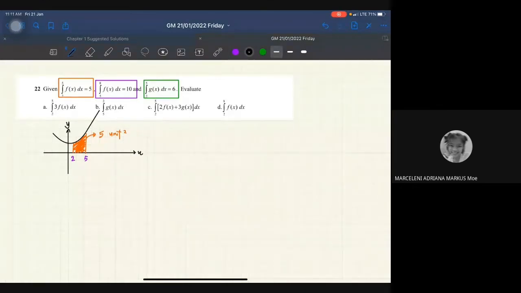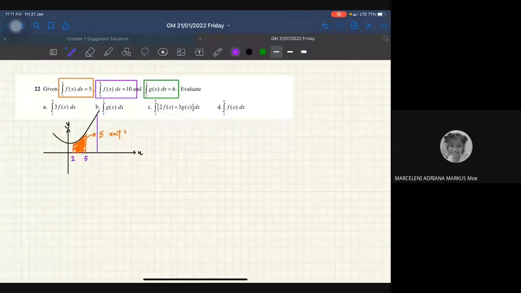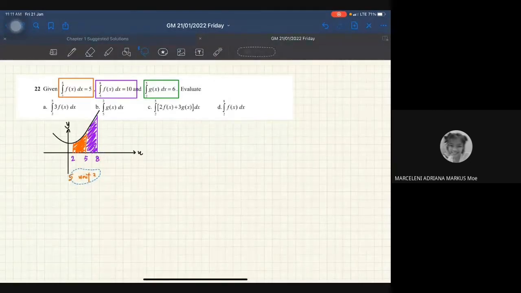Okay, so 5 sampai 8 is somewhere over here. This is 8. Okay, so itu, saya warnakan dia warna purple. So that one is 10. 10 unit square.